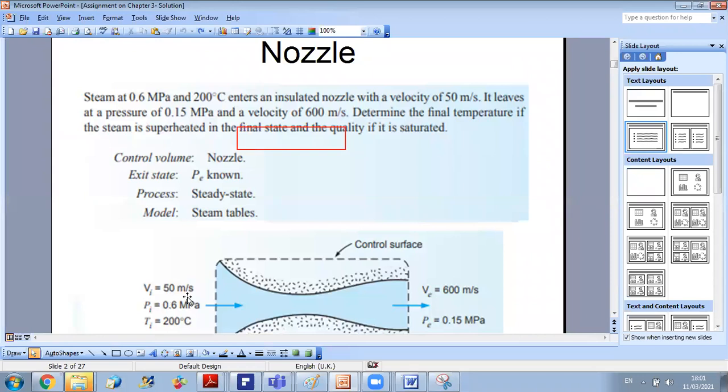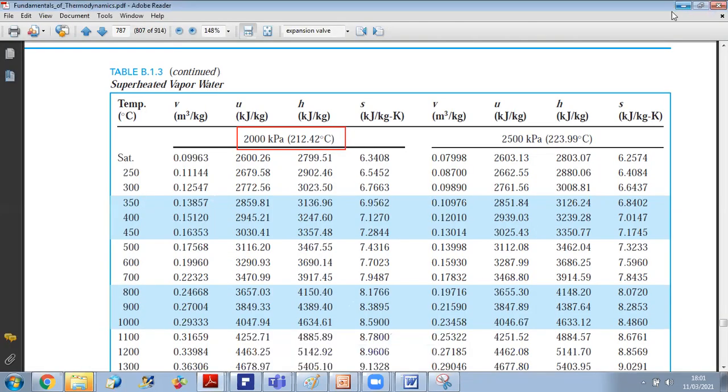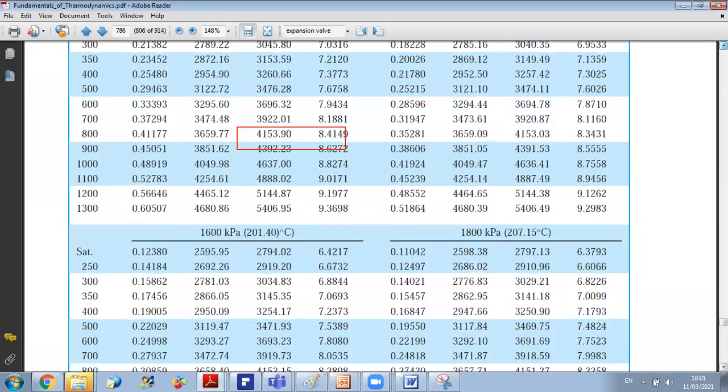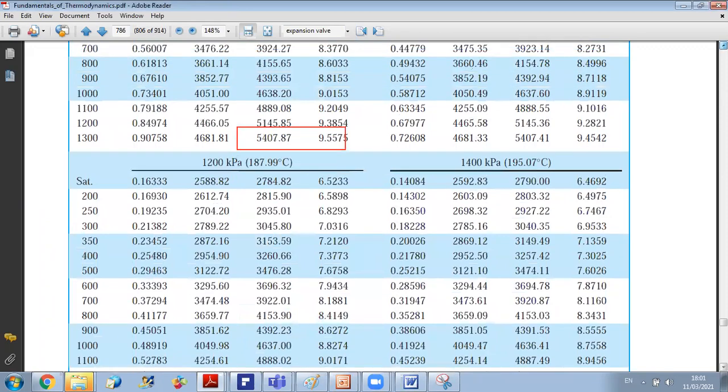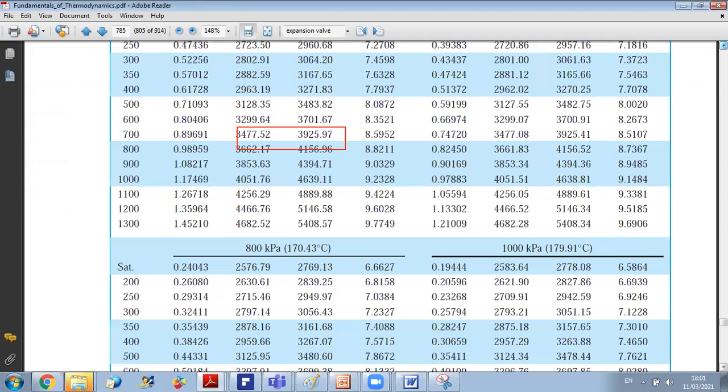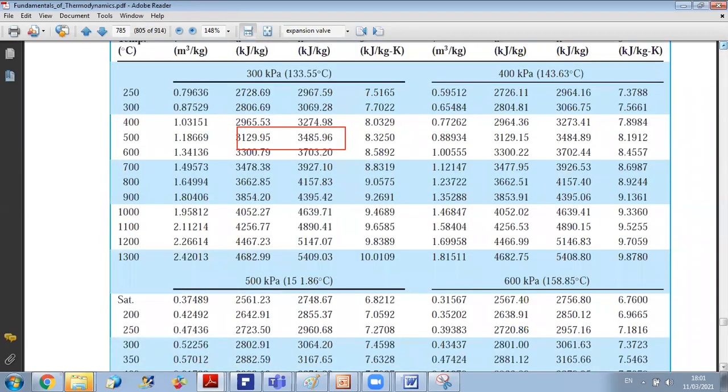So it's 600 kilopascal. Here I am already at 2000, so I should go up. The table of interest for me is before. I want to search for 600 kilopascal. It's not here. It's here. Okay. This is what I want.